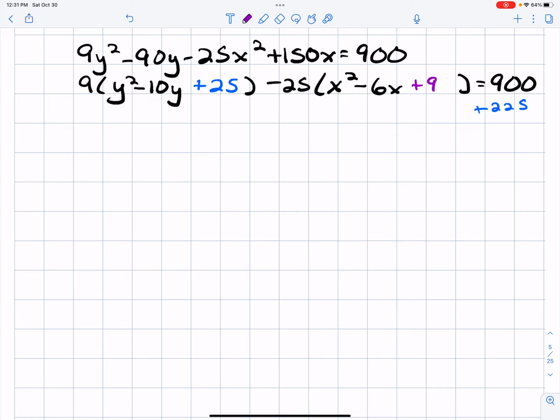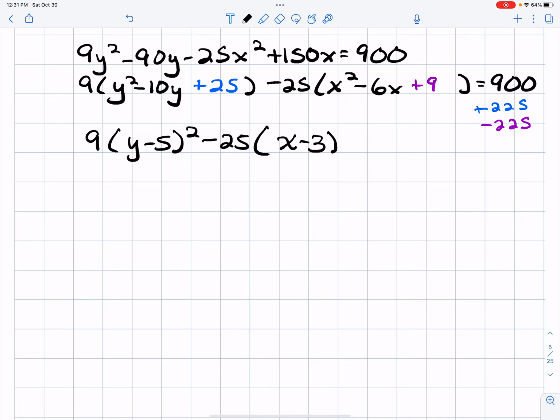But you're not really adding 9, you're adding a negative 225. So this has a funny way of working out. This one doesn't always work this way, but this one has plus and minus the same thing down there. So you end up still with 900. All right, so you got 9 parentheses y minus 5 quantity squared minus 25 parentheses x minus 3 quantity squared equals 900.